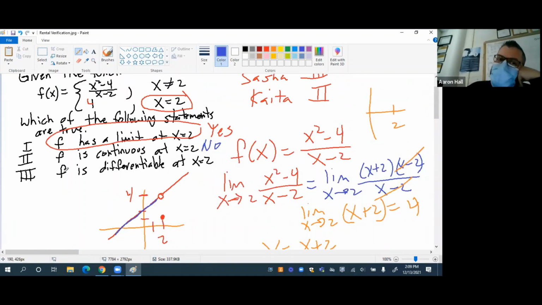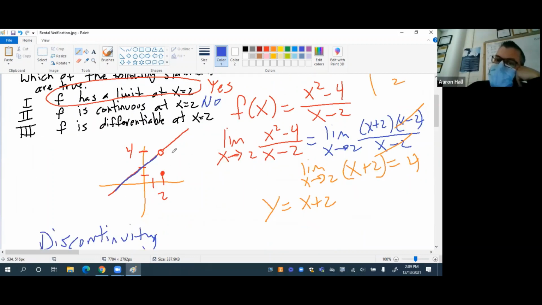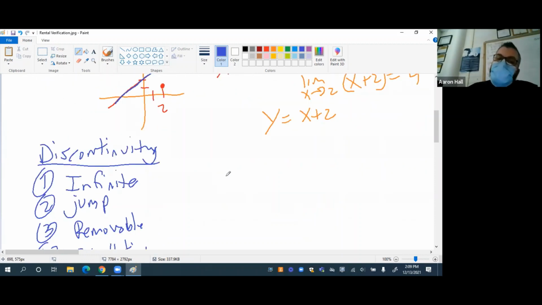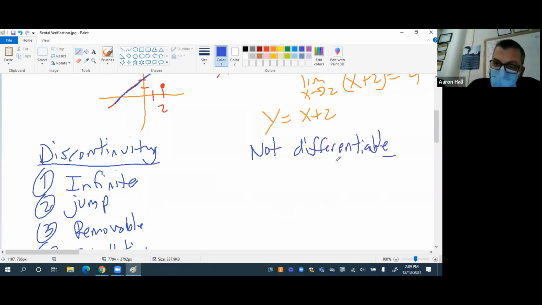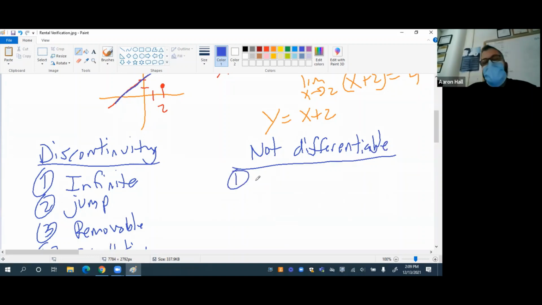So then the third statement says f is differentiable when x is 2. Is this graph differentiable when x is 2? No. In fact, there are 4 different ways to be not differentiable. There are 4, right? What are they? Okay, a corner. A corner is not differentiable. What else? A cusp. What else?